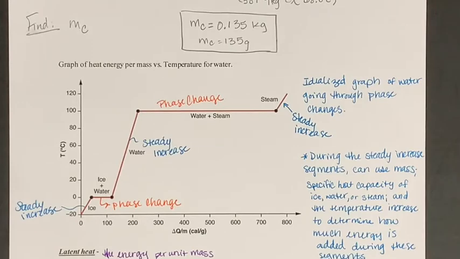Now, what happens is during the steady increase segments, you can use mass, specific heat capacity of your ice, water, or steam, and the temperature increase to determine how much energy is added during these segments.